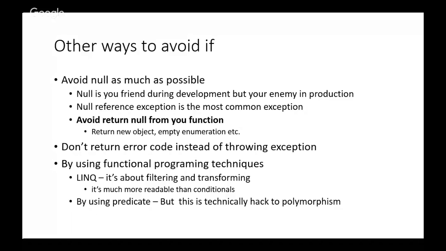Another technique how to avoid if is to use some functional tweaks or features. Like in .NET, you can use LINQ with many benefits. Instead of if in some cycle you can use where, you can use a lot of things in LINQ, and it's a really nice, pleasant, simple way how to avoid a lot of ifs in your code.